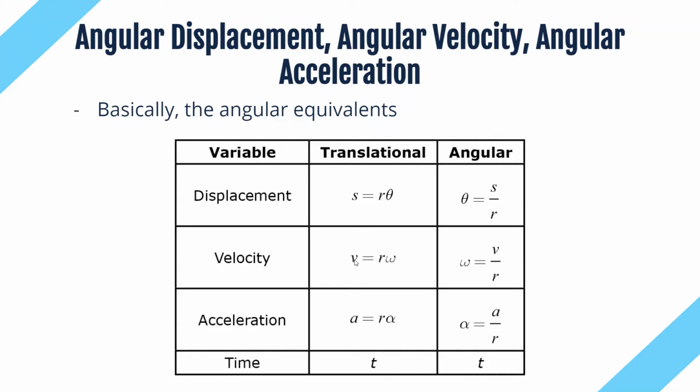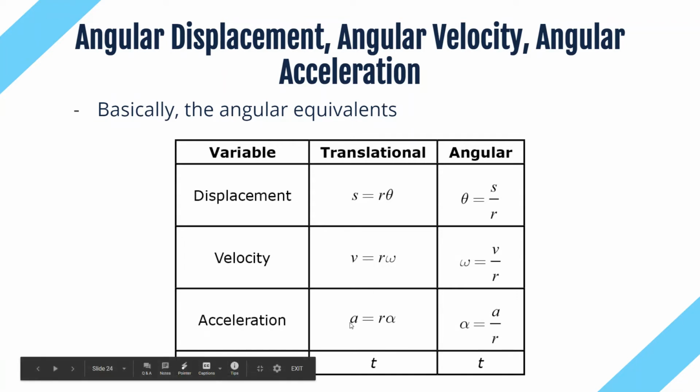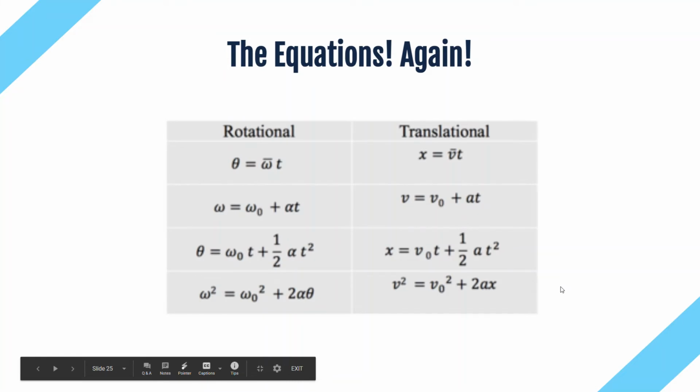Velocity, instead of using v, we use the Greek letter, which is very similar to a w, called omega. And finally, for acceleration, we use alpha, which looks a lot like an a. So you can kind of get where they got these ideas from. And time isn't different in angular systems, so time is still just t. Now, the interesting thing to note here is we can essentially copy all of our equations from earlier.